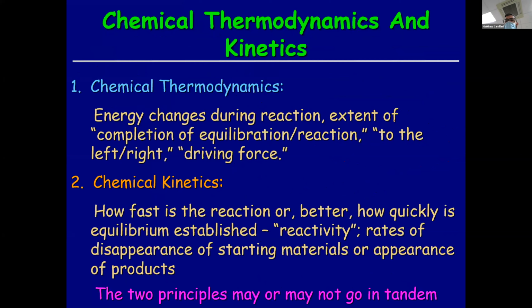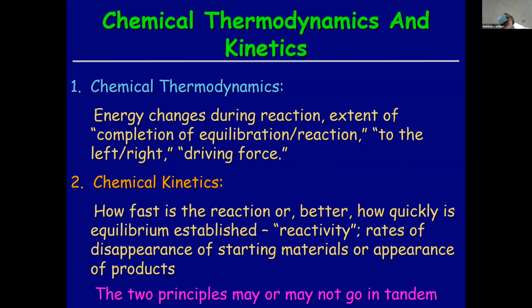So thermodynamics, it will be the energy change in the reaction. So how much energy do I need to break the bonds? How much energy do I release at the end of the reaction? Chemical kinetics, it is how easy it is to create the equilibrium.